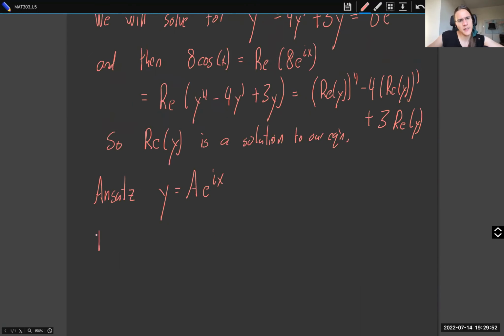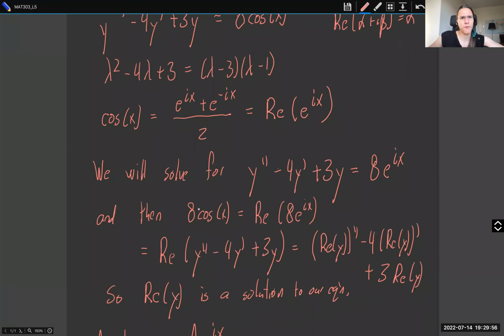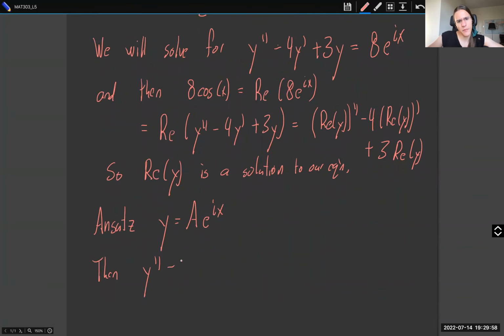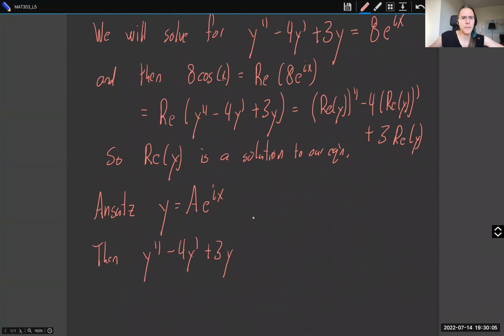Then y prime prime minus 4y prime plus 3y becomes a times i squared minus 4i plus 3 times e to the ix, right?